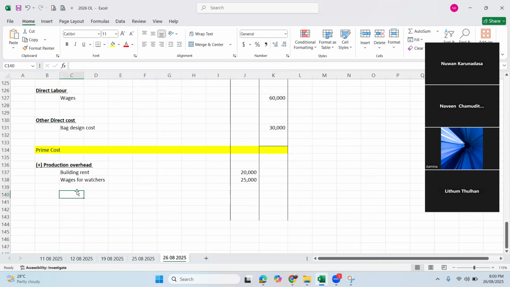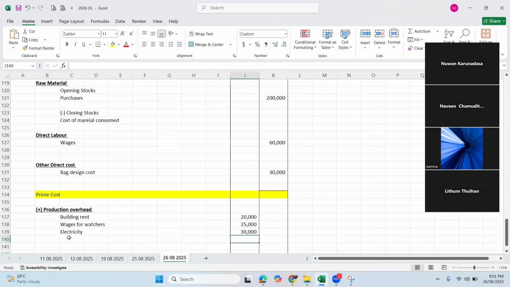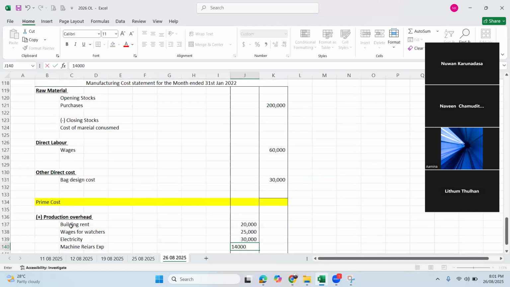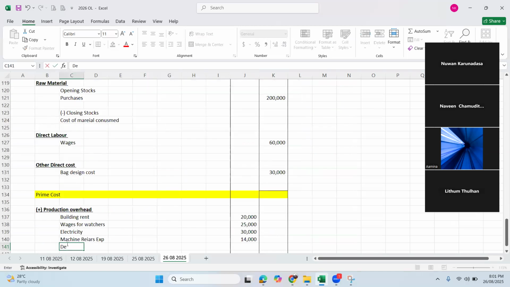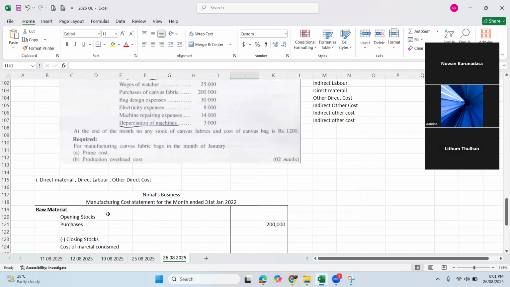Electricity, 8,000. Machine repair expense, 14,000. Then depreciation of machinery, 3,000.